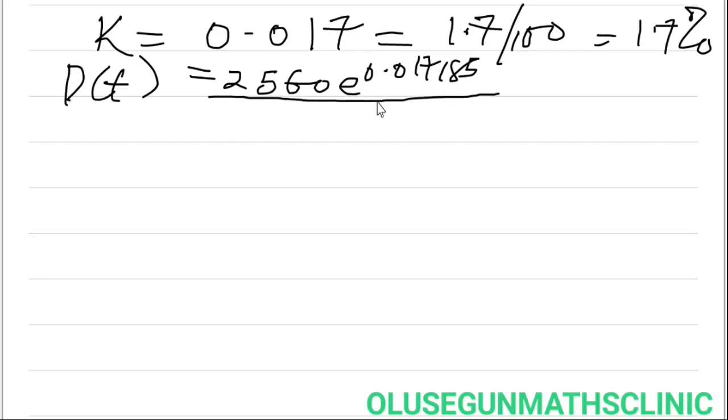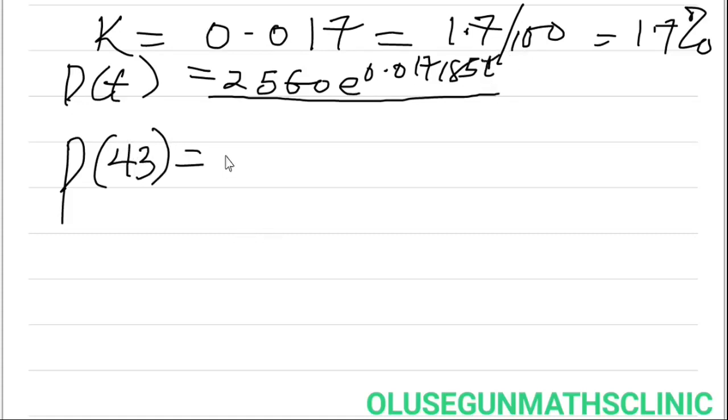Now that we have the general equation, we want to estimate the world population in 1993. Since we have the equation, from 1993 you calculate from the initial year, which is 1950. Between that time we have 43 years, so this is our t.